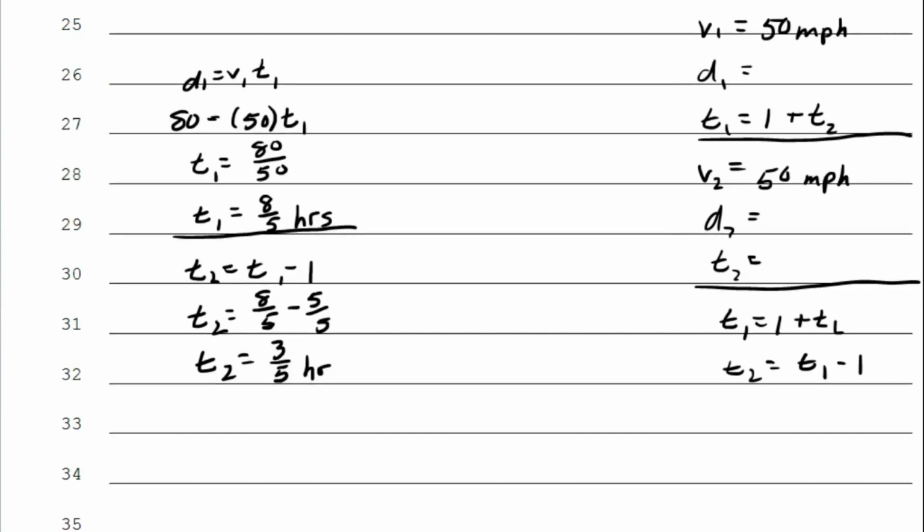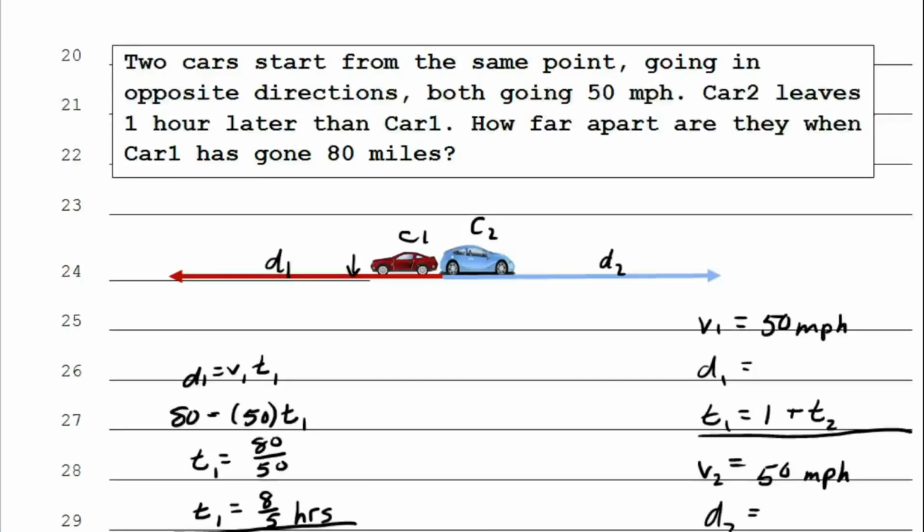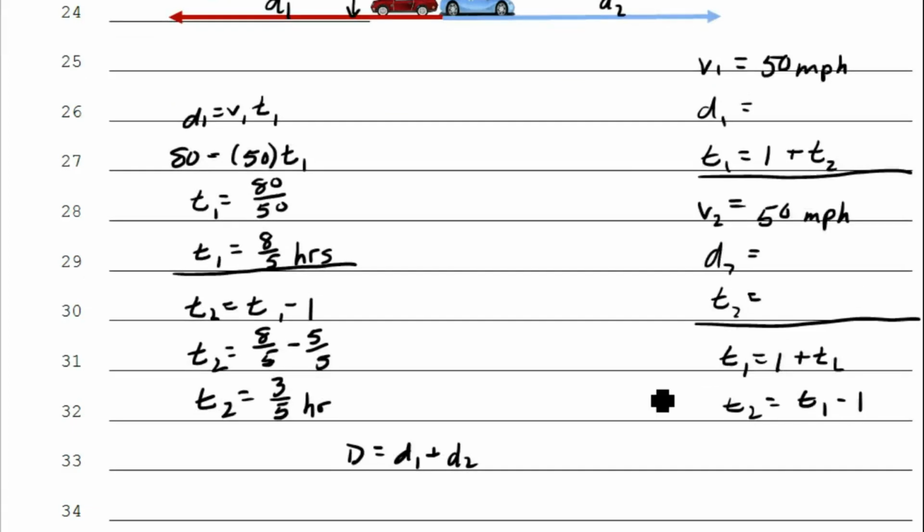And from these you can calculate the distance apart. D equals D1 plus D2. D1 we're given, it's 80 miles. So we know D equals 80 plus V2 T2.